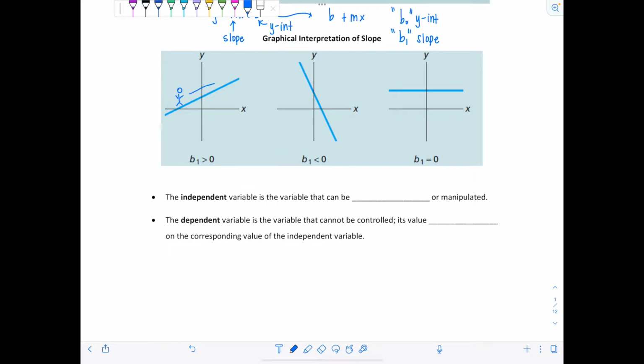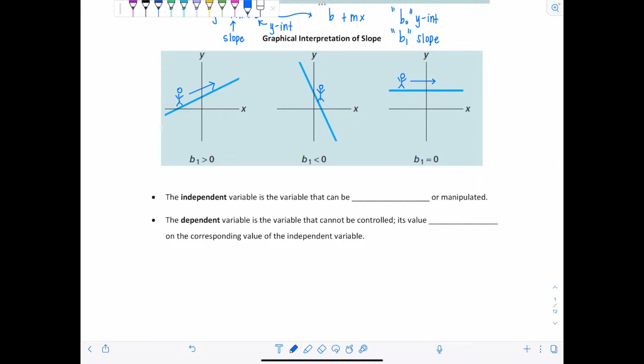Hey, look at me going uphill. If the slope is negative, then the line is sloping downwards. And we always look in terms of x increasing from left to right. So it's going downwards here. And then lastly, if the slope is equal to 0, then the line is horizontal, constant, flat, like you're on the treadmill and you set the incline to 0, flat road.